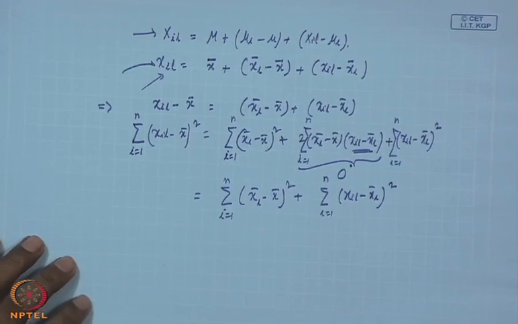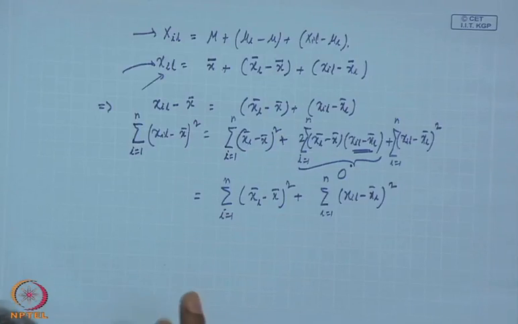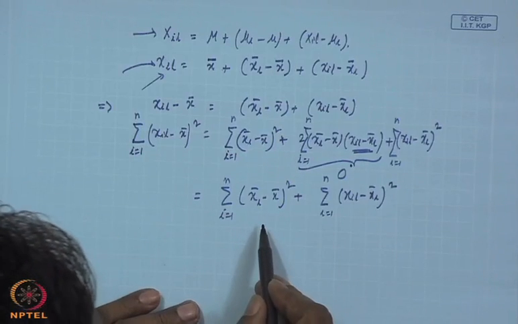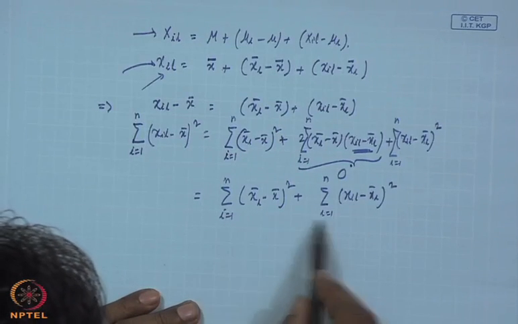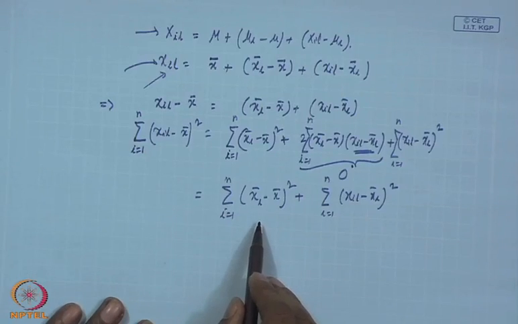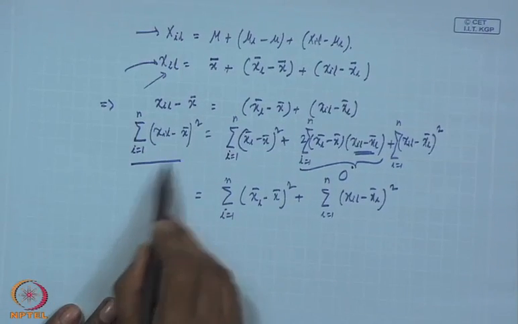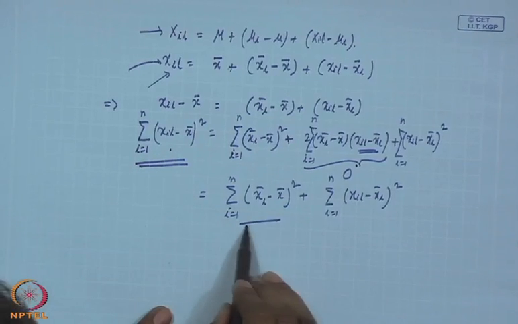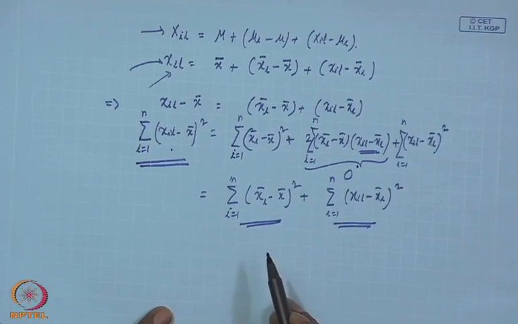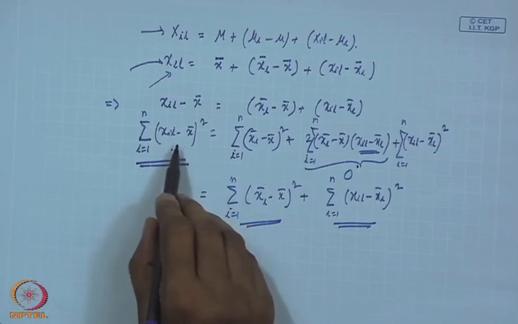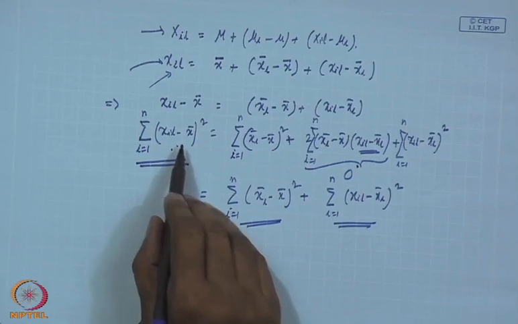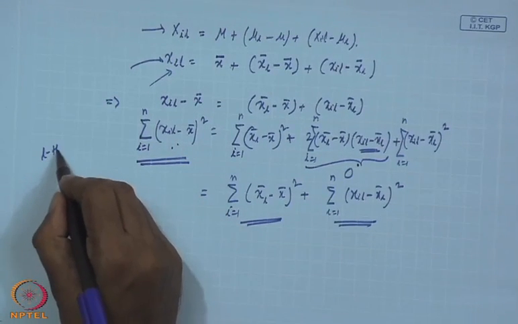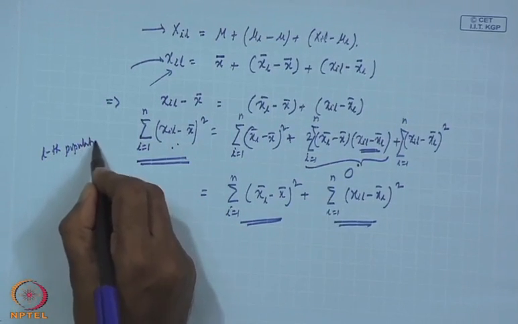Okay. Now, see that this one, on the left hand side is some quantity, and on the right hand side also some quantity, and two squares are given here. Achha, this is for a particular population, the Lth population, yes or no?